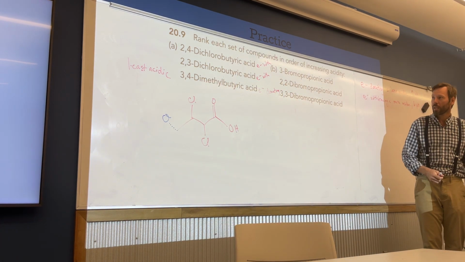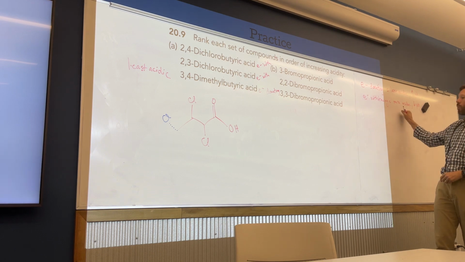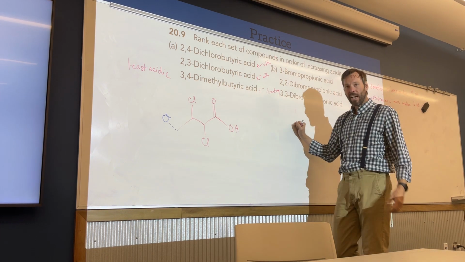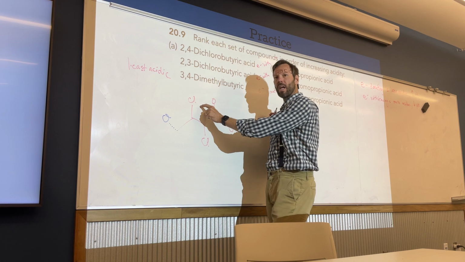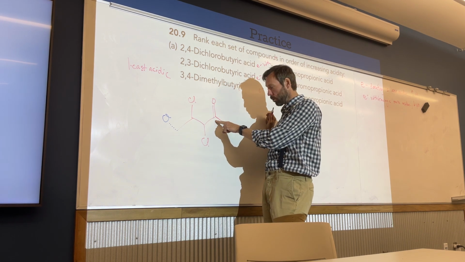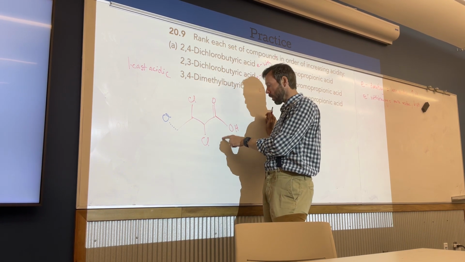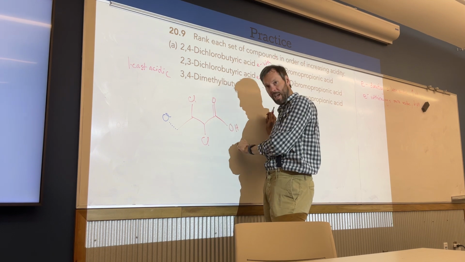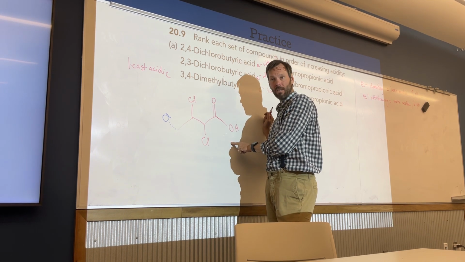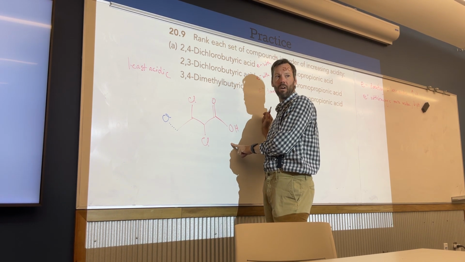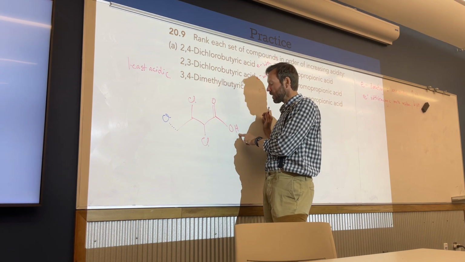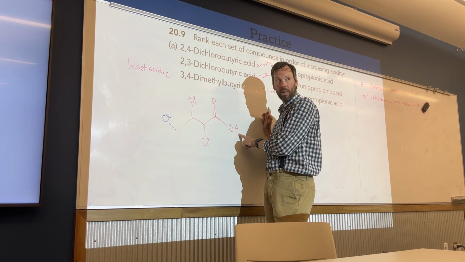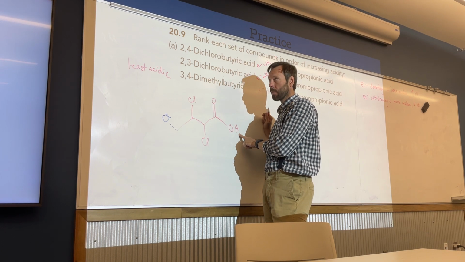So, electron withdrawing is going to be more acidic, and it turns out the closer they are to that carbonyl group, or essentially the closer they are to that carboxylic acid, the more effect it will have, the more likely it will deprotonate. Okay?